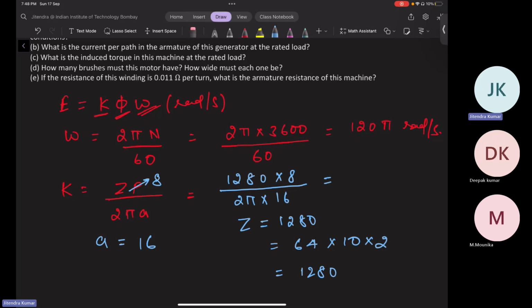So how much will it come out to be? 1280 into 8 divided by 2 pi into 16, so 203.82. 203.82, you are saying? Yes, sir. Okay.